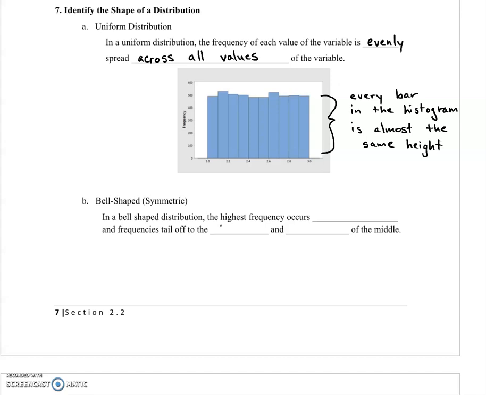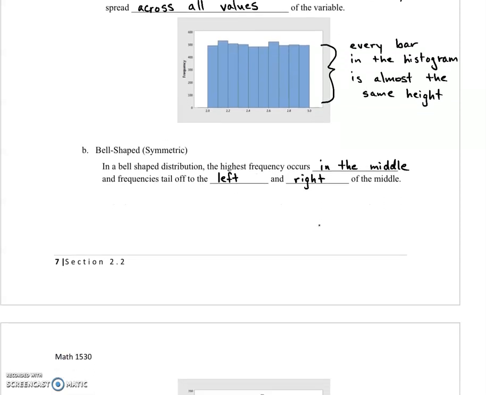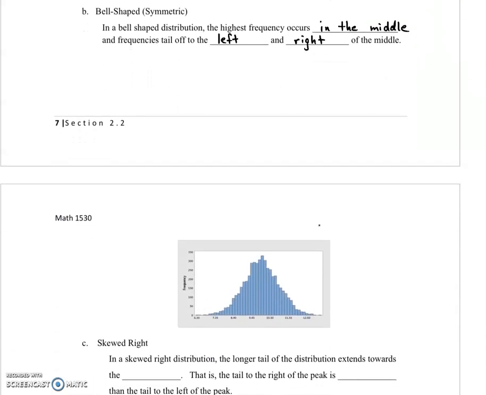Okay, in a bell-shaped distribution, also called a symmetric distribution, the highest frequency occurs in the middle, and the frequencies tail off to the left and right of the middle. So if we scroll down, you'll see how one of those looks.